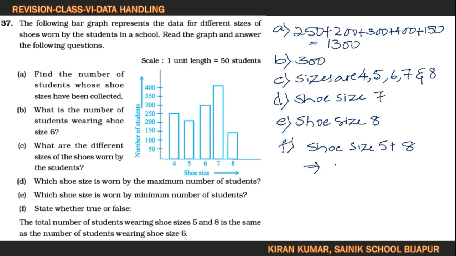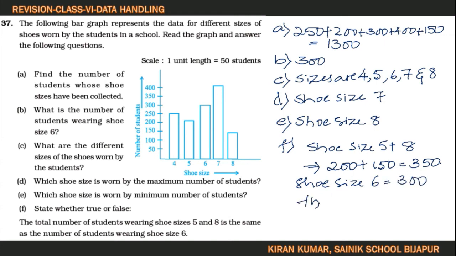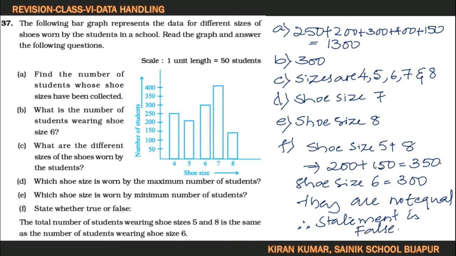It is 200 plus the shoe size of 8 number, it is 150. Sum becomes 350, whereas the shoe size 6 is 300. So they are not equal. Therefore, the statement is false.